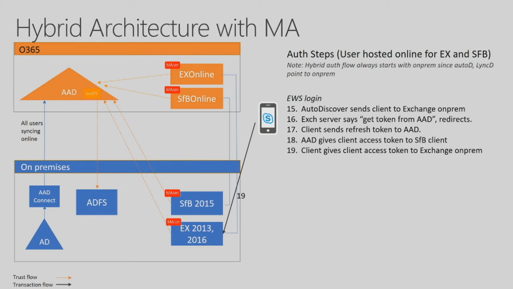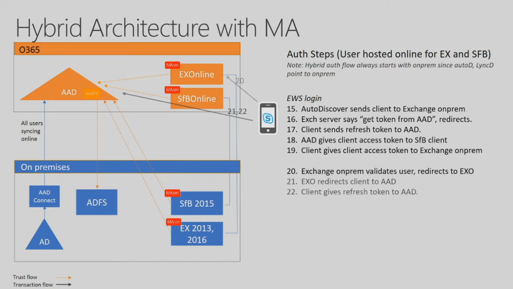Exchange on-prem says, great, I know who you are, let me look you up. Oh, guess what? You're hosted online. Go to online. So the client gets redirected to Exchange Online. Exchange Online says, oh, you want to get in? Well, I trust AAD.